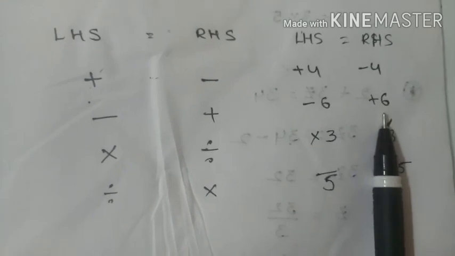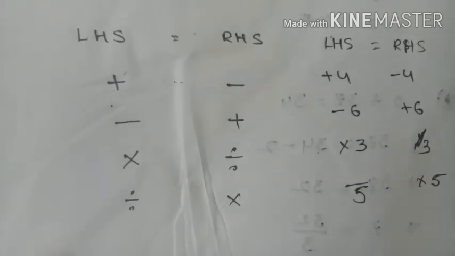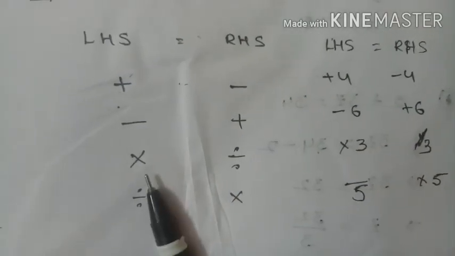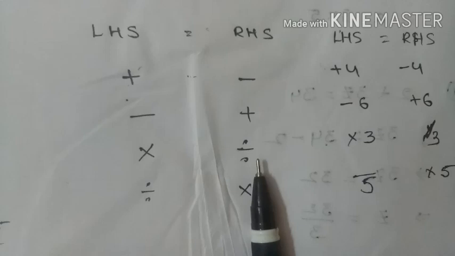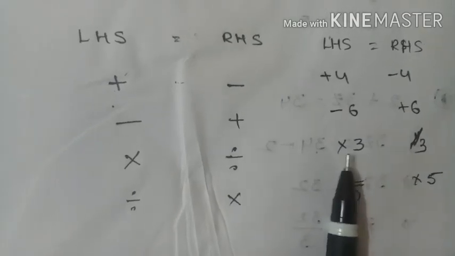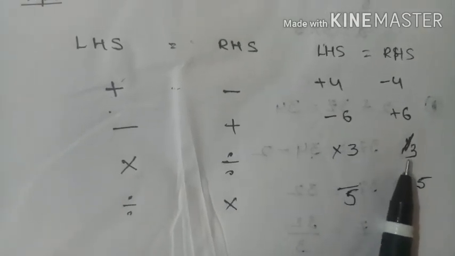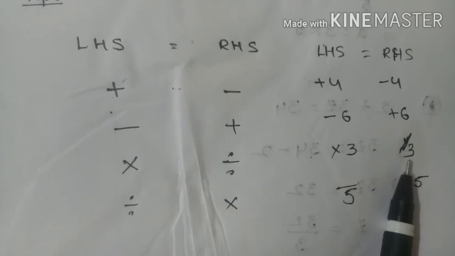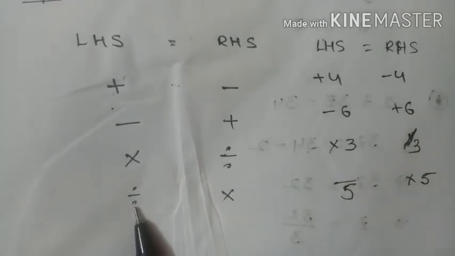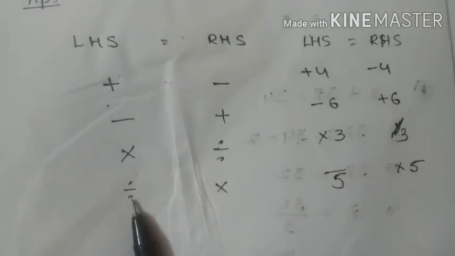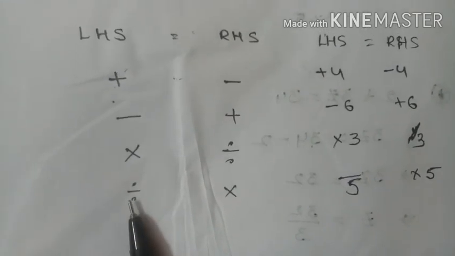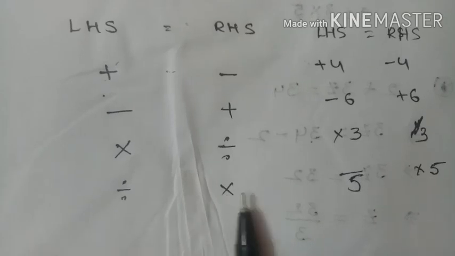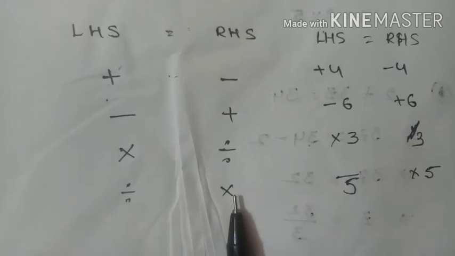+6. And next, if you transpose multiplicative values from LHS to RHS, then it becomes division. For example, into 3 becomes divided by 3. Next, division. If you transpose a division value from LHS to RHS, it becomes multiplication.